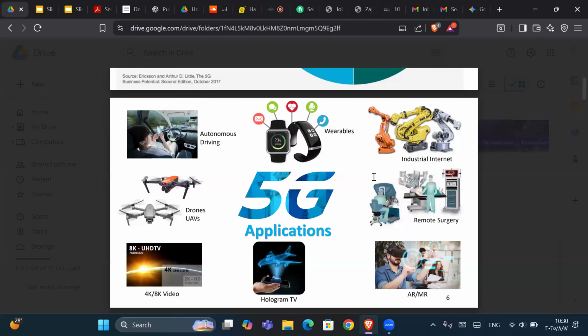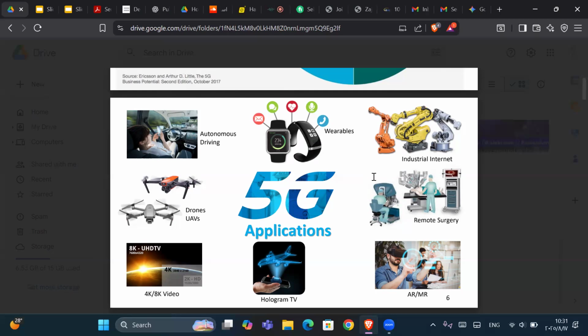We have wearables to measure and sense things and send them on time. Real life, we have industrial internet, factories being built, the robots inside the factories being built based on the 5G technology because of its many characteristics, including low latency, high reliability, and faster data rate.